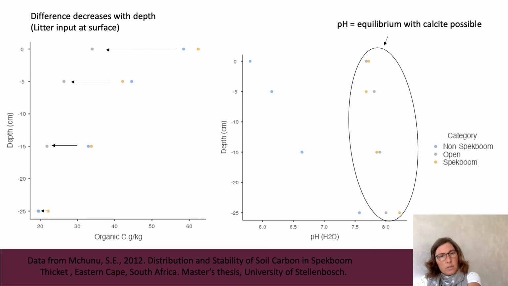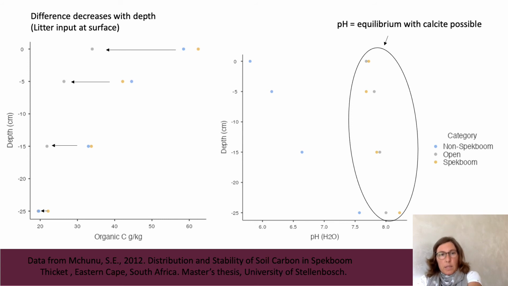And what you can see is, as you would expect, the organic carbon between the cleared areas and the thicket is considerably lower in the cleared areas at the surface. But as you get deeper down in the soil profile, you find that the difference decreases, which is to be expected because at 25 centimeters deep, there's not a lot of leaf litter. So most of the effect of the organic carbon is happening in the top 5 to 10 centimeters.